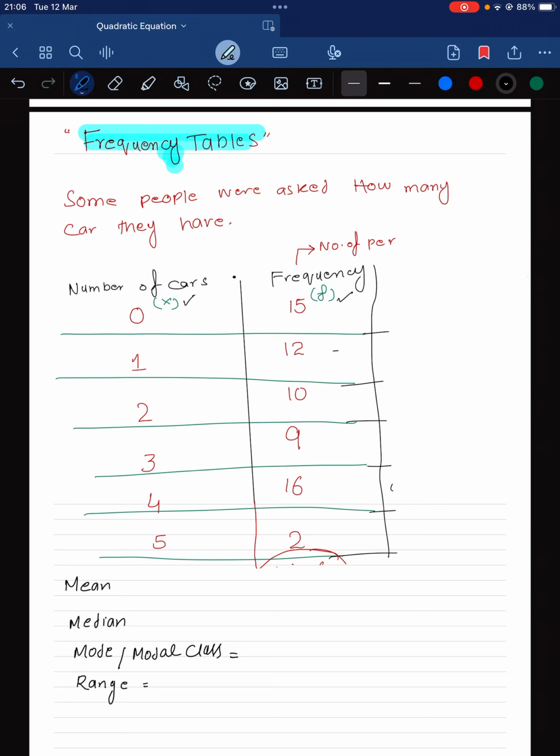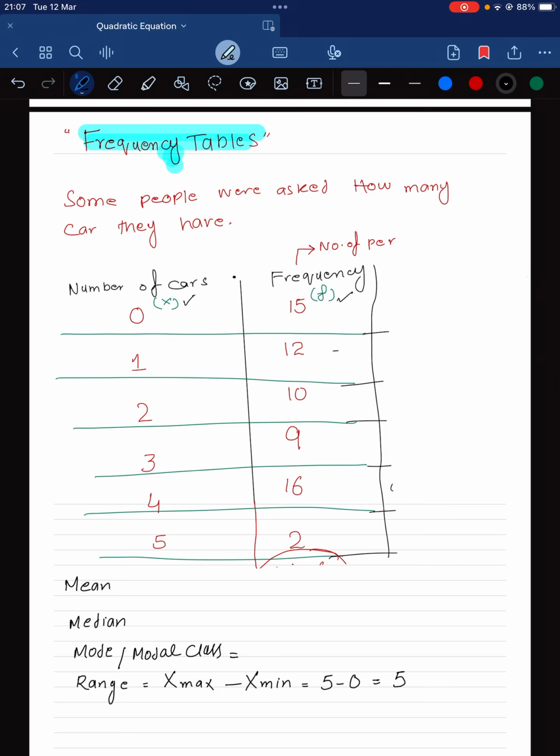The formula is the same, x maximum minus x minimum, the maximum value of x minus the minimum value of x. The maximum value of x is 5 and the minimum value of x is 0, so the range of this data is 5.